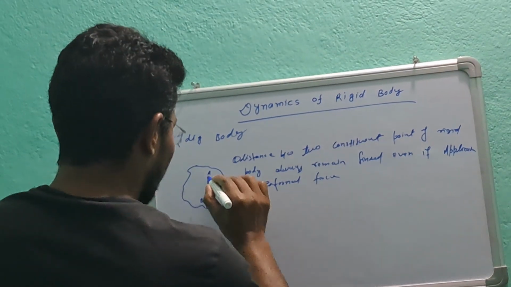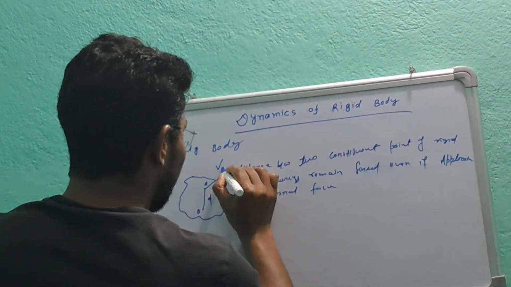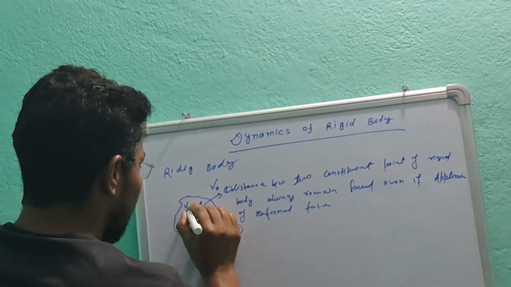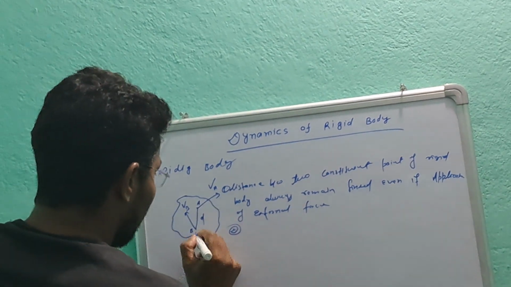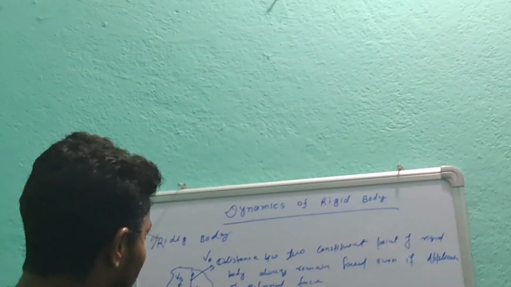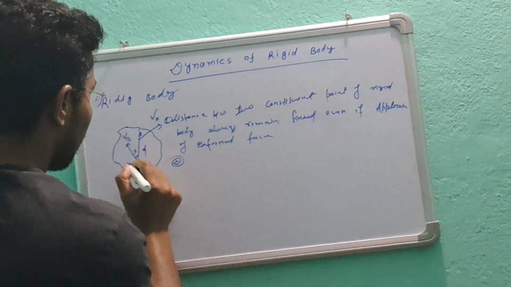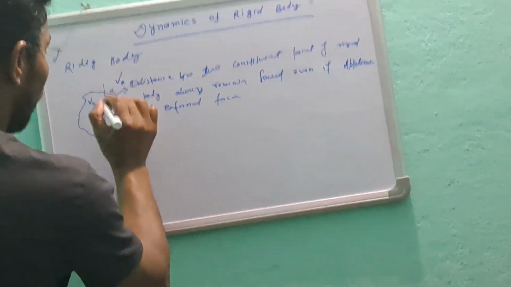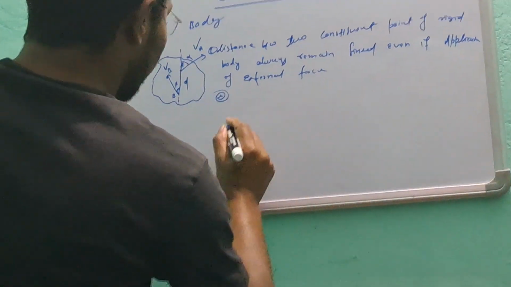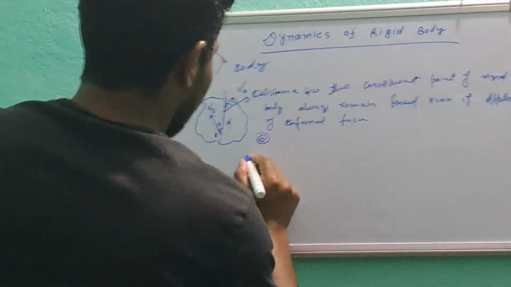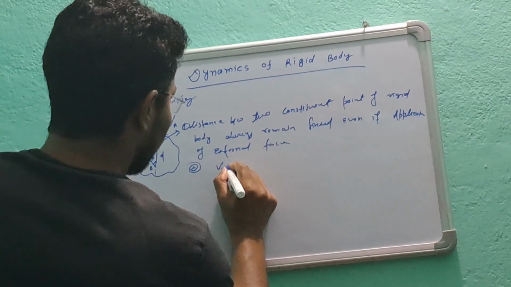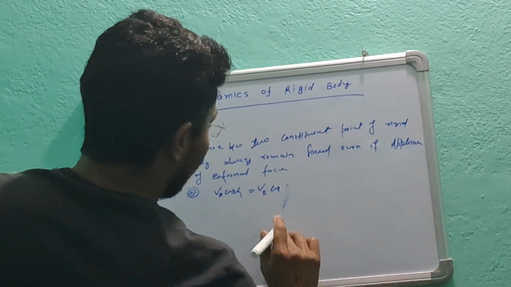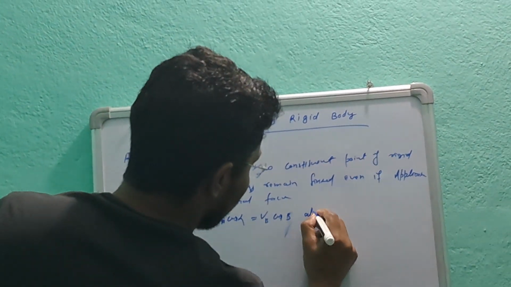Let VA be the velocity of point A and VB the velocity of point B, and VB makes angle beta with the line joining the particles, and VA makes angle alpha with the line joining point A and B. Then VA cos alpha is equal to VB cos beta, always.